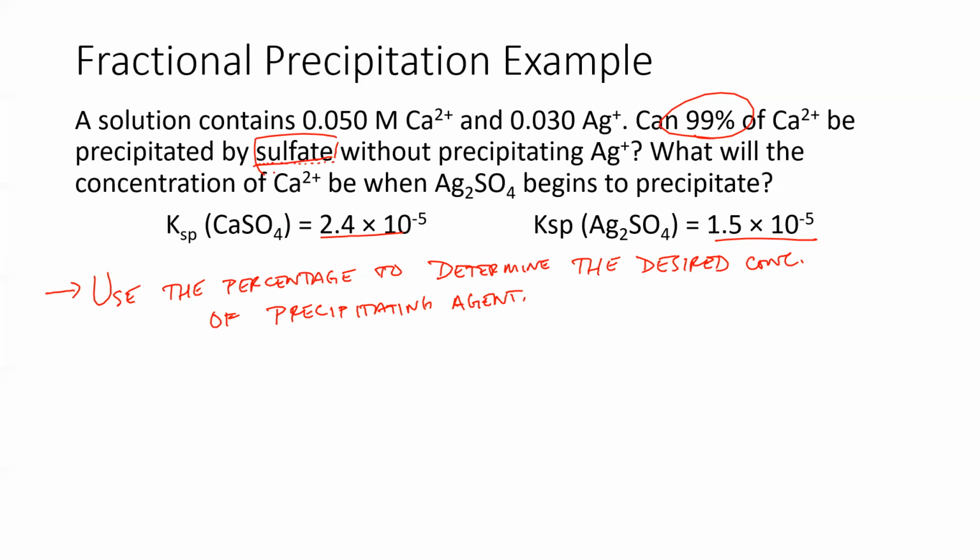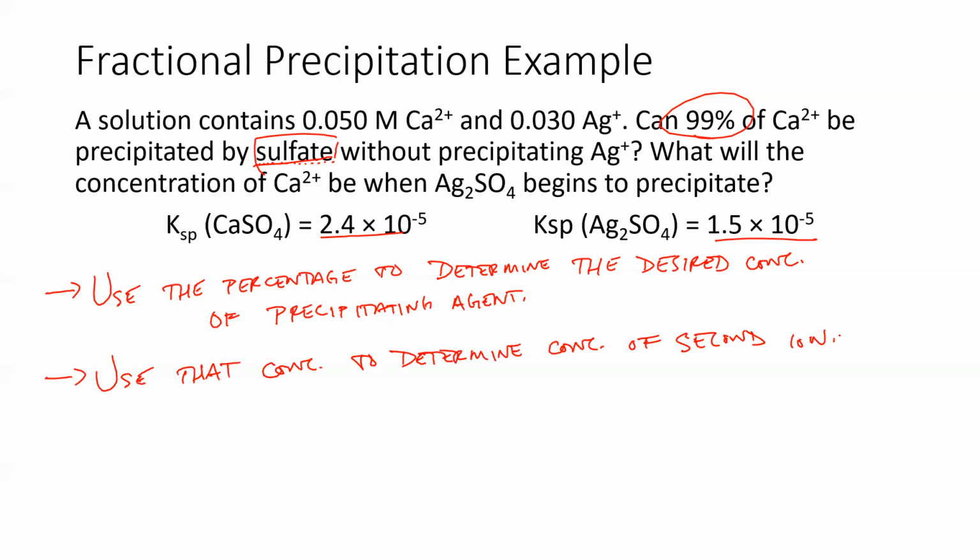So I'm going to use that percentage to figure out how much the sulfate concentration is. And then we're going to use that concentration to determine the concentration of the second ion.